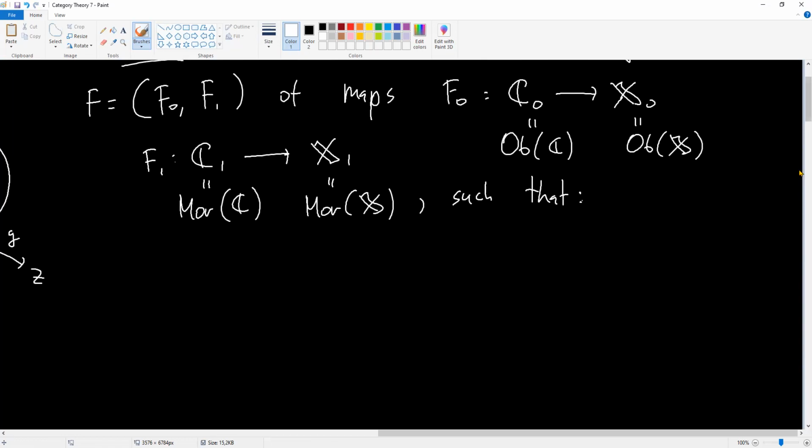There is a nice diagrammatic way of writing these conditions now. Let's draw C0, C1, and we also draw C2. What is C2? C2 is the set of composable pairs of morphisms.